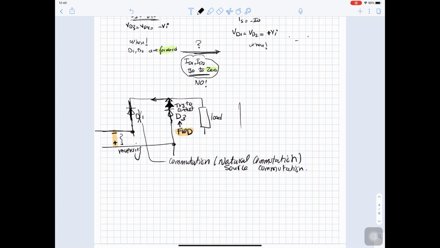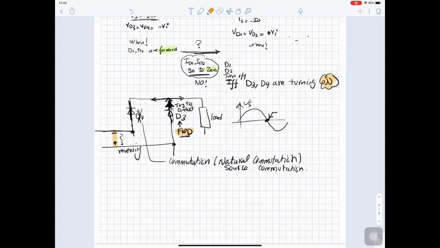So when V source goes negative here, it will make another diode forward biased, and this diode will try to inject the current into the load and into the diode, which will turn off this diode. So diode 1 and diode 2 will turn off if and only if diode 3 and diode 4 are turning on.